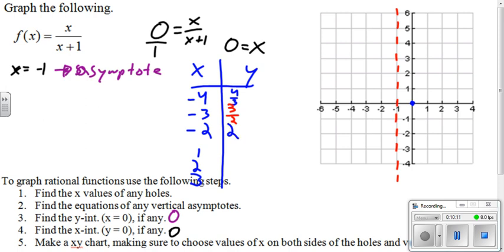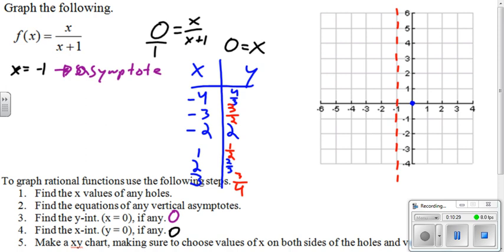Now, if we do 1, it would be 1 over 1 plus 1 is 1/2. 2 would become 2 over 2 plus 1 is 2/3. And similarly, 3/4. So these would be our values.